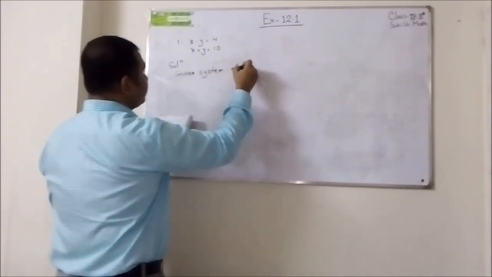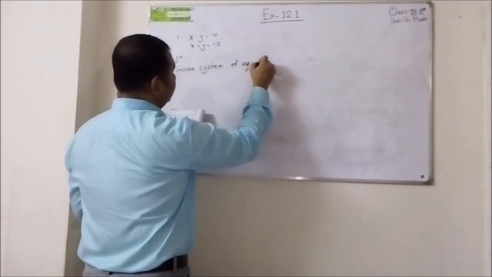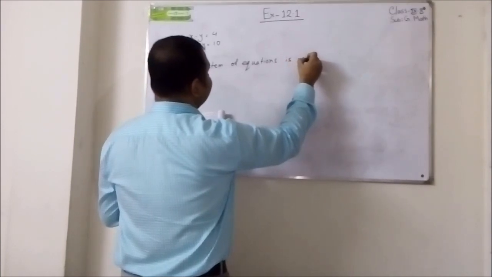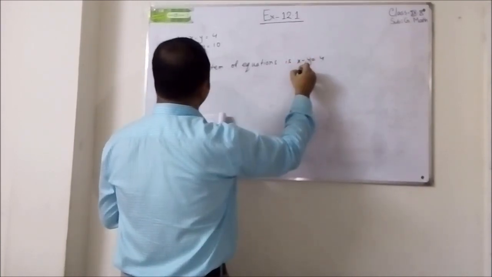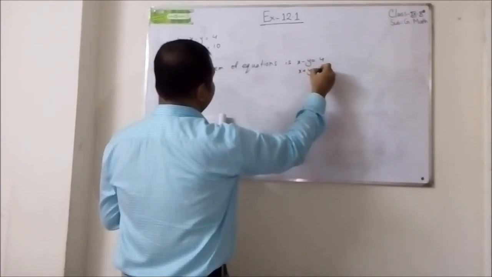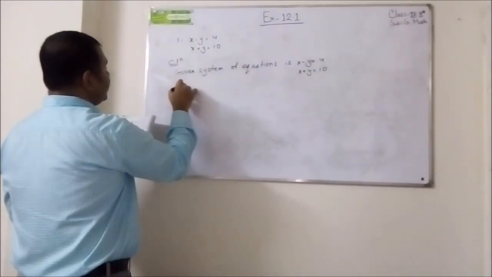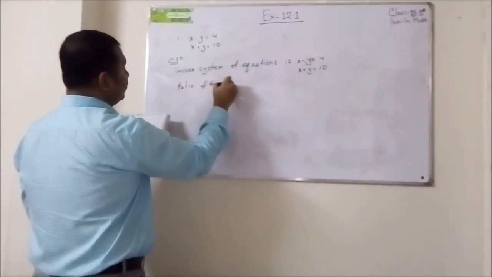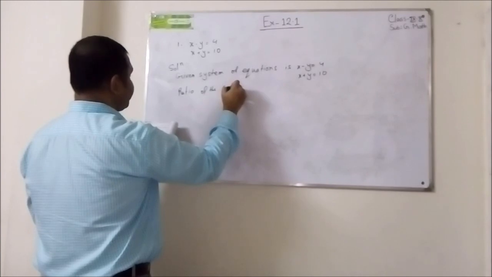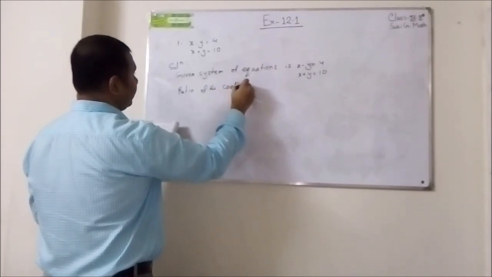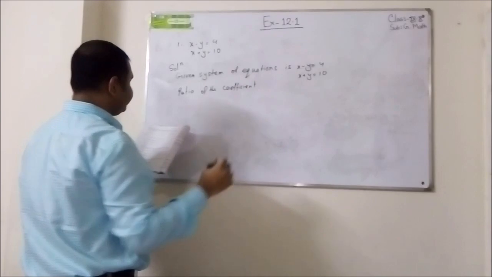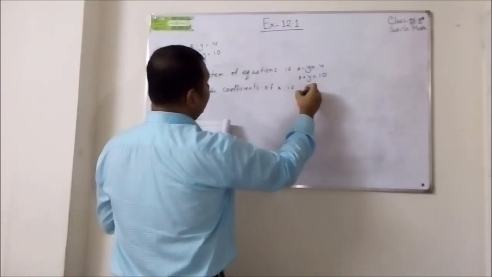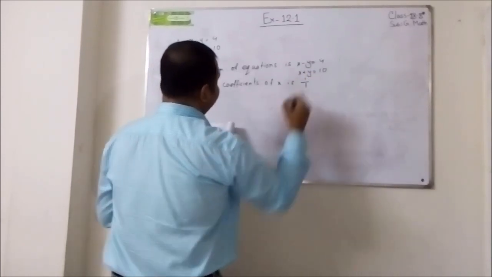Given the system of equations x minus y equal to 4, x plus y equal to 10. Ratio of the coefficient of x is 1 by 1.